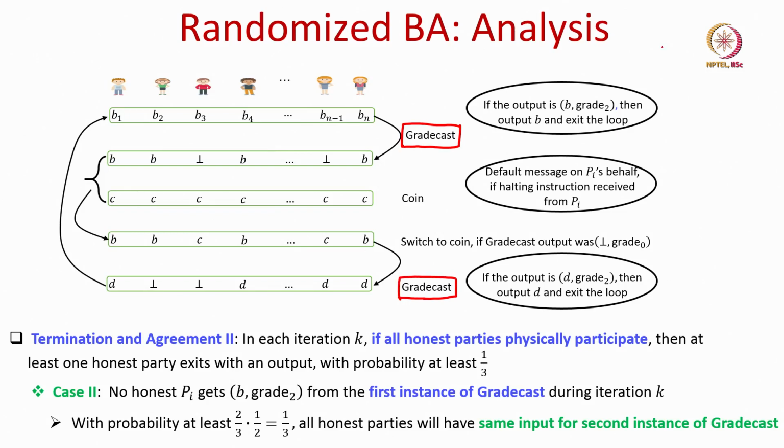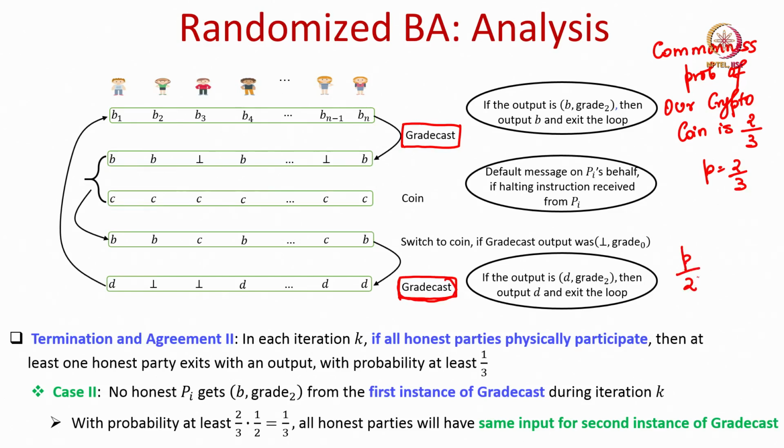Recall that the commonness probability of our cryptographically secure coin protocol is 2 over 3, namely P equals 2 over 3, and we have argued already that during the second invocation of Gradecast the inputs of all honest parties will be the same with probability P over 2.